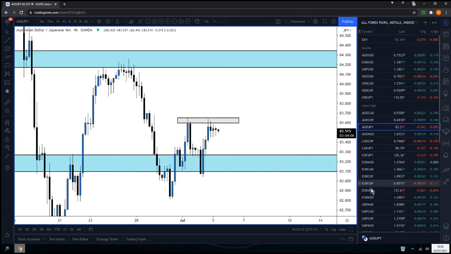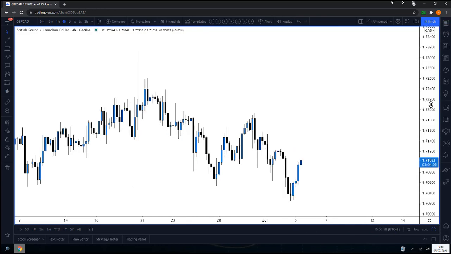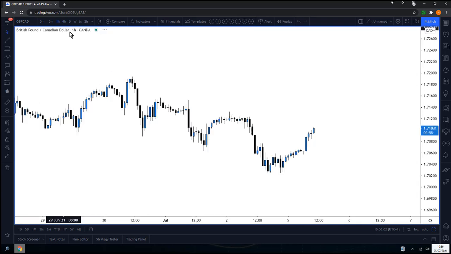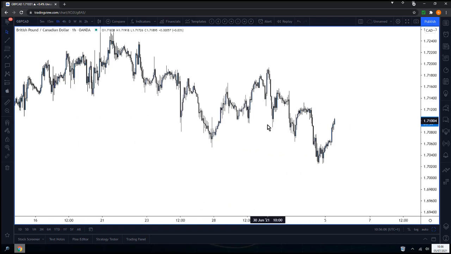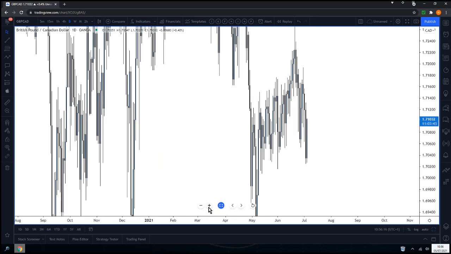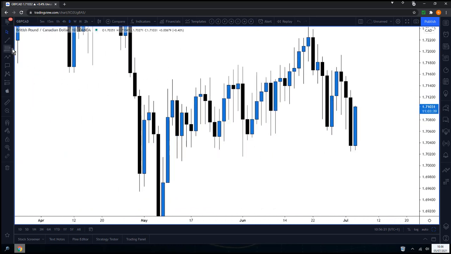There's a nice little trend on pound CAD as well, just not talking about USD for a second. Hopefully you can see this impulse, correction, impulse, correction, impulse. Is this a correction and we're going to get another impulse down? There are these lows here, but I want to show you something which was quite interesting, because yeah, we've got this support here, which I'm just going to draw out for you.